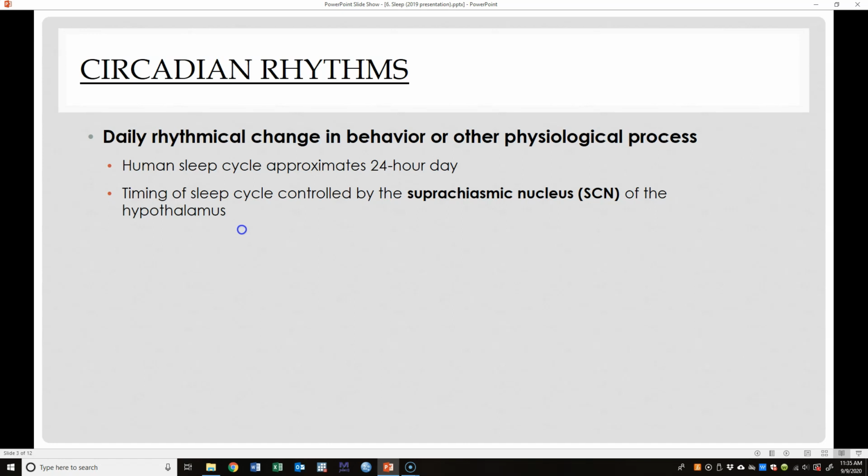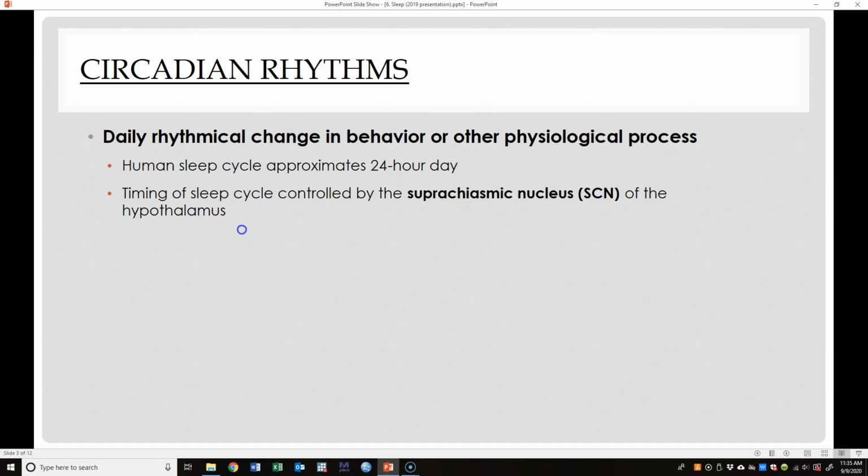The timing of the sleep-wake cycle is managed by a structure in your brain called the suprachiasmatic nucleus, or the SCN. This is located in your hypothalamus, and it's a bundle of nerves that controls this sleep-wake cycle.